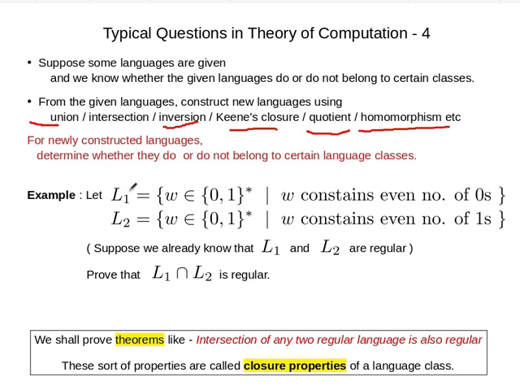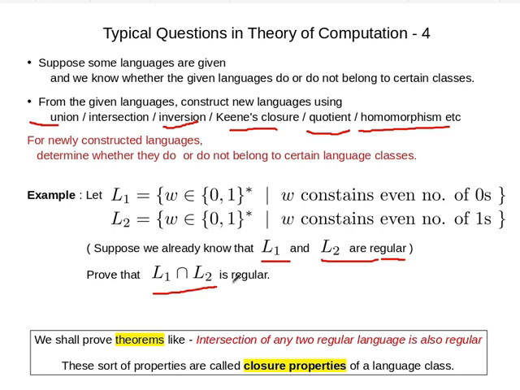For example, suppose we know that this L1 and L2 are regular. Can we immediately tell from this that L1 intersection L2 will be regular? Okay.